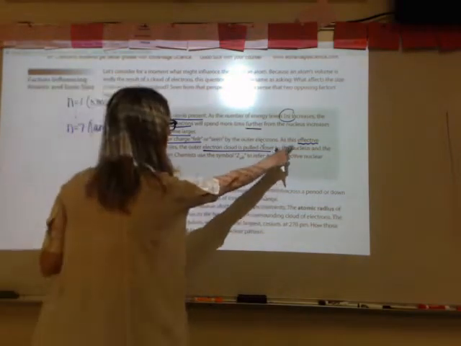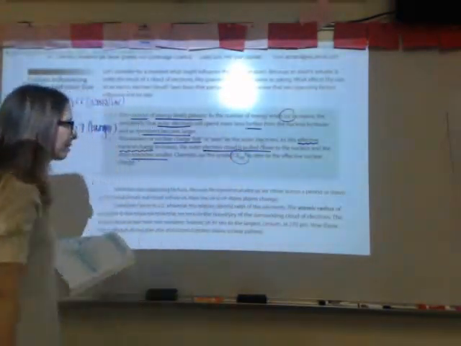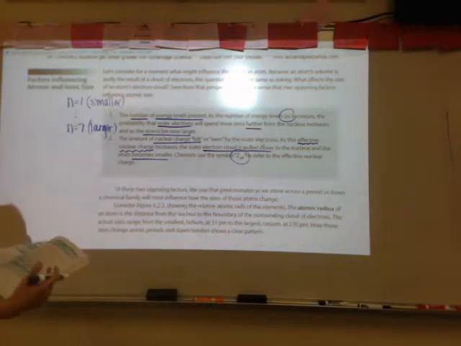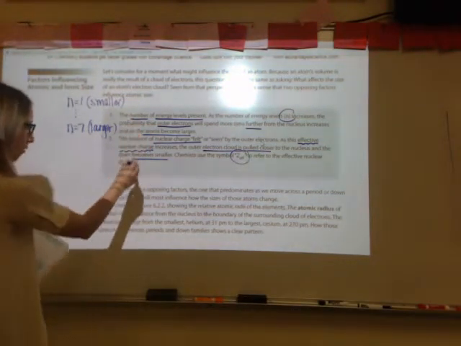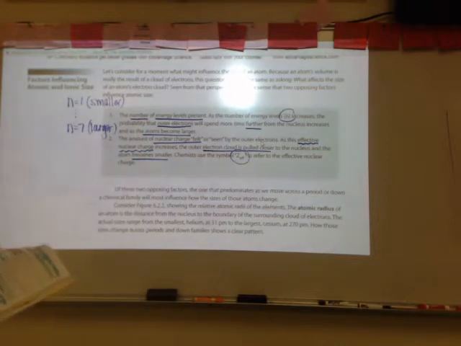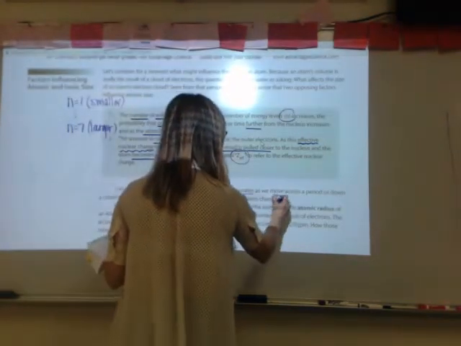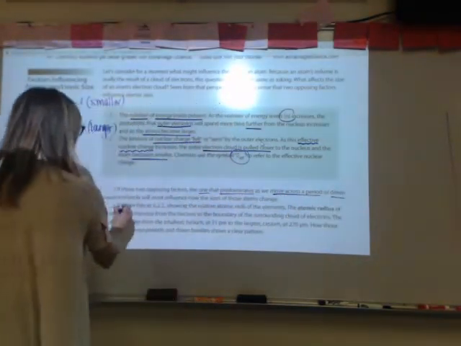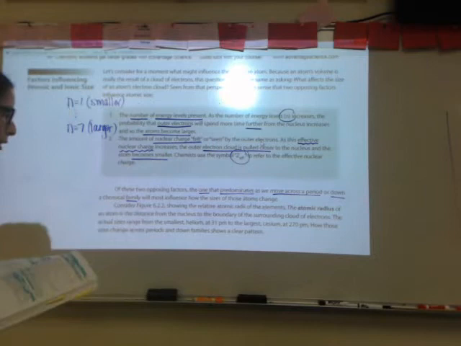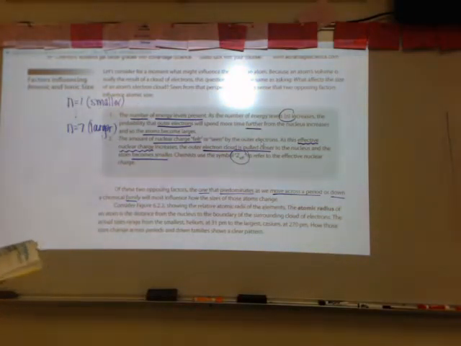They refer to this effective nuclear charge as ZEFF, okay? Now, of these two opposing factors that contribute to the size of an atom, the one that predominates as we move across a period or down a family is going to influence how the size of the atom changes.